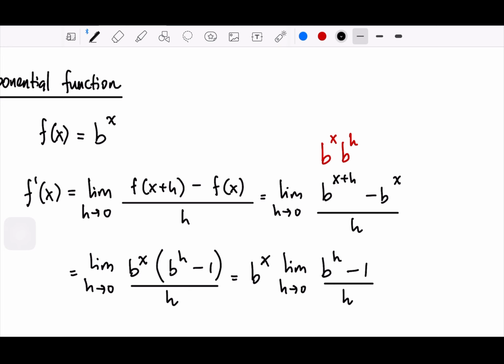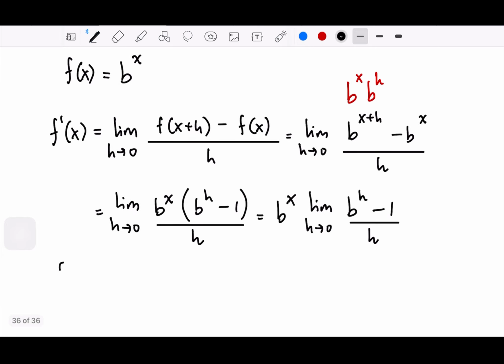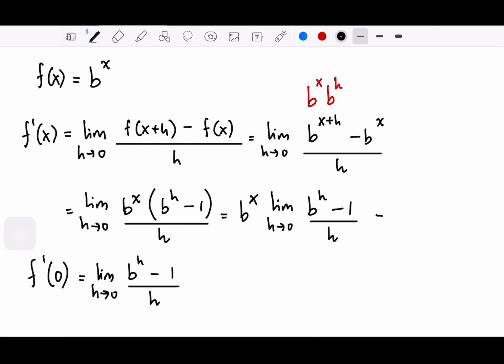So I can write in the explanation here that if we are evaluating at x equals 0, then this will be b to the power of h minus 1 divided by h. Okay, so I can write this equation here, b to the power of x, and then multiply by f prime 0. So at least we get this relation.